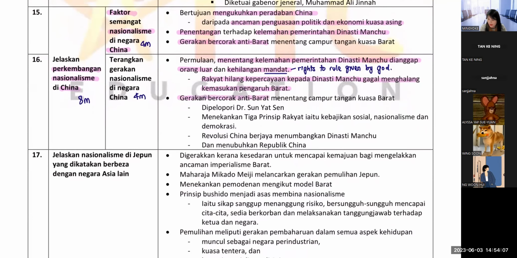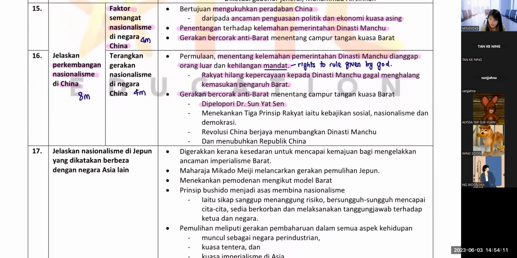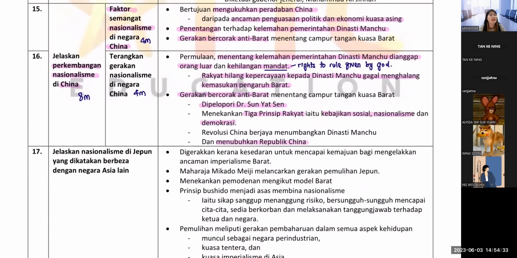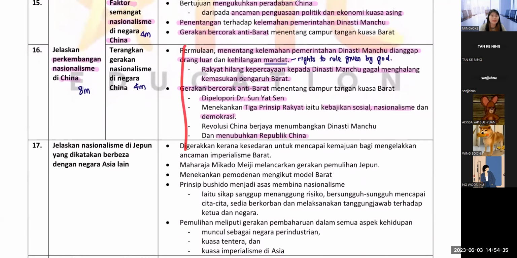Next, they have an anti-Barat movement led by Dr. Sun Yat-sen, focusing on tiga prinsip rakyat. Finally, it focuses on kebajikan sosial, nasionalisme, demokrasi. Last, they form the Republic of China. Remember, any 4 is already enough.